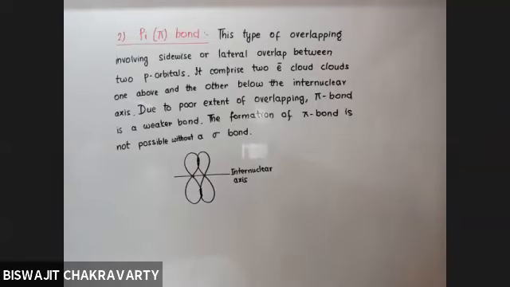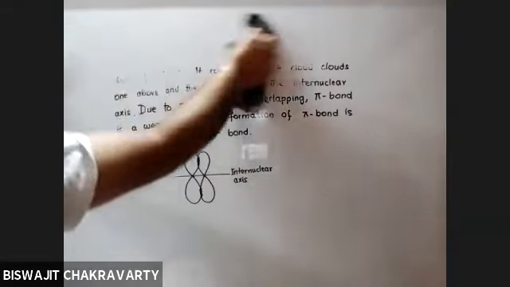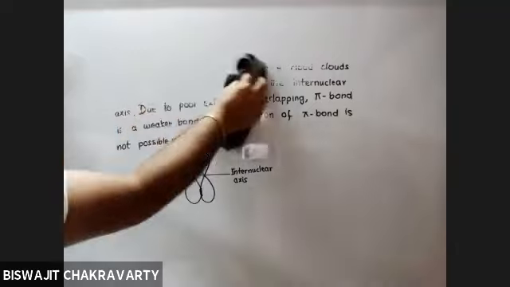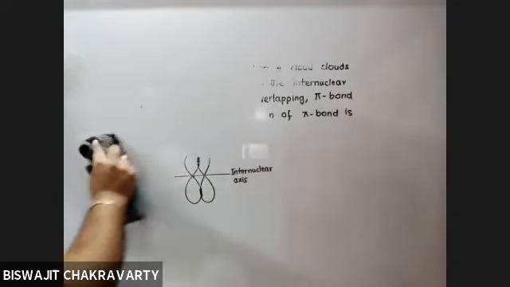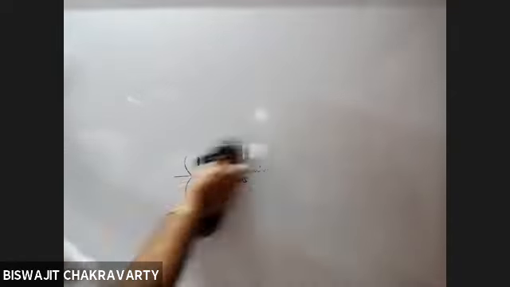So this is very important to understand that formation of sigma bond can occur independently, but formation of pi bond is not possible without sigma bond. If there is a single bond, it has to be a sigma bond. If there is a double bond, 1 sigma 1 pi, and if there is a triple bond, 1 sigma 2 pi.